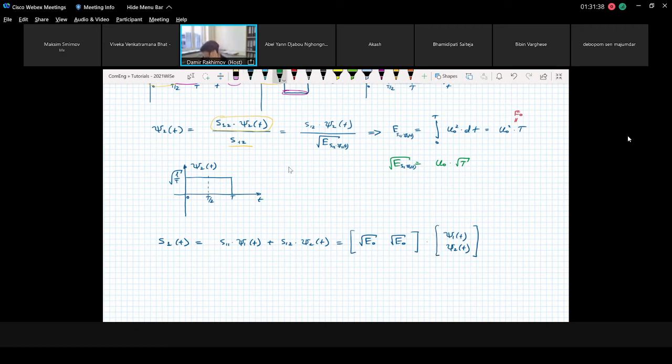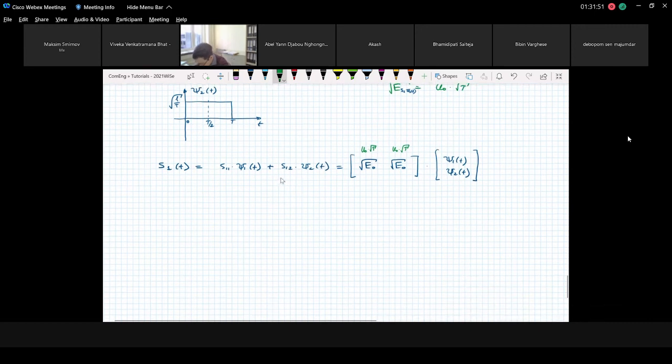The square root of E0 is U0 times square root of T. This was question D. The part inside the parenthesis is S1 transpose, and we can write S1 in vector form, without t anymore, as square root of E0, square root of E0. This is how we denote a column vector.